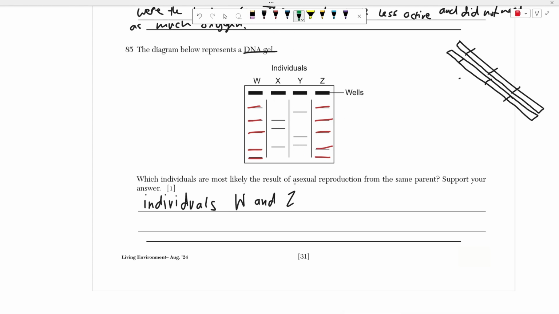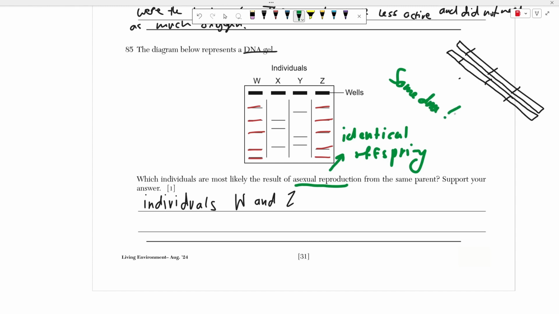Asexual reproduction produces identical offspring. That means that they have the same DNA. So if you cut the same piece of DNA using the same enzyme, it's going to make the cuts in the exact same location, and those cuts are going to have the same amount of DNA, so it's going to weigh the same, and it's going to be the same length.